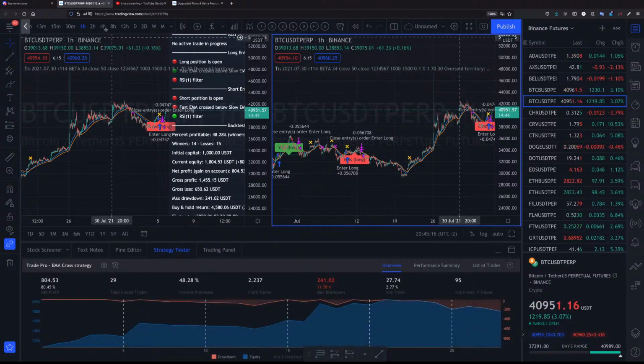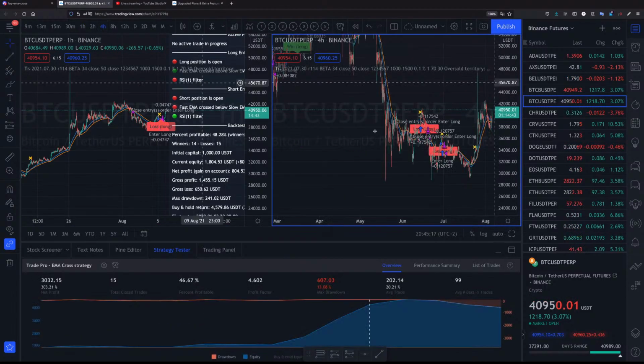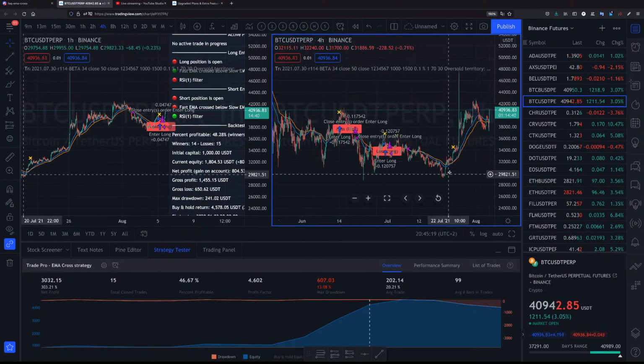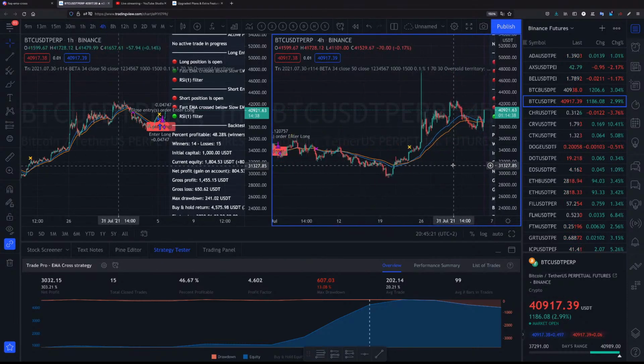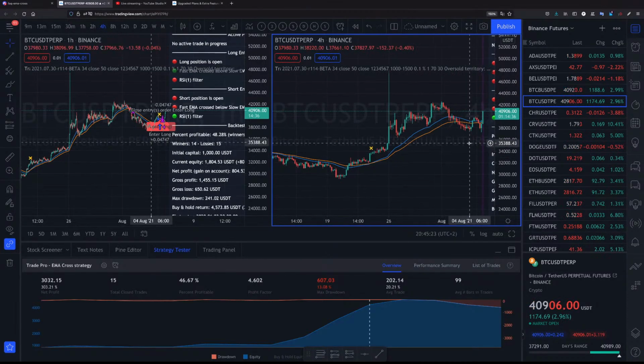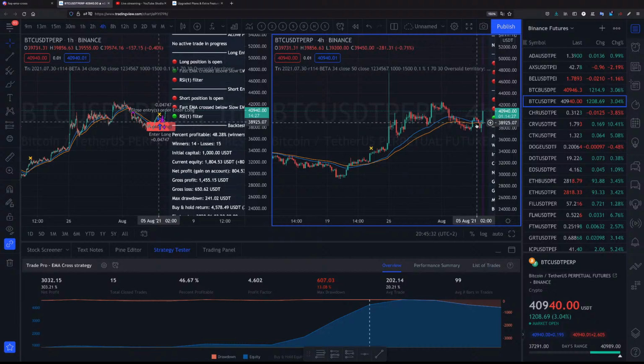And in this, let's go to the 4-hour chart. See, we are here, and here, if I were to do this live manually, I would not have taken this entry right here because it's not uptrending.